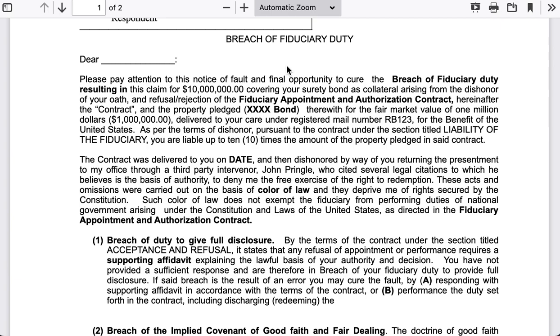These acts and omissions were carried out on the basis of color of law, and they deprived me of rights secured by the Constitution. Such color of law does not exempt the fiduciary from performing duties of national government arising under the Constitution and the laws of the United States as directed in the fiduciary appointment and authorization contract. So a couple things I want to state on that.